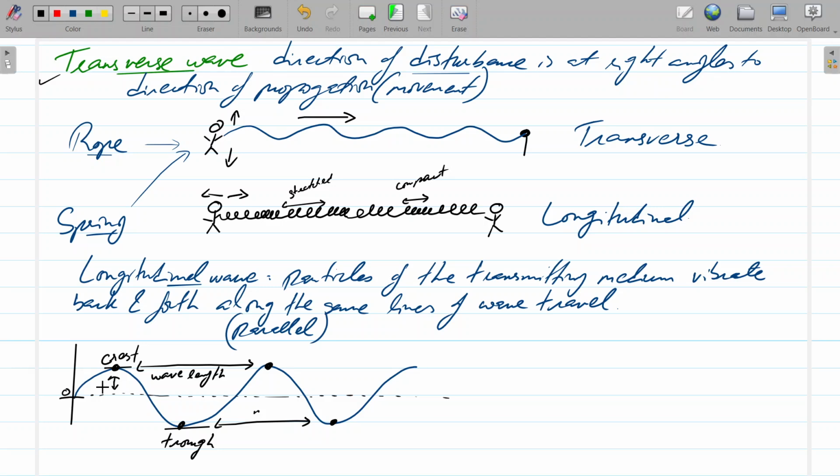And so the maximum displacement is called the amplitude. Amplitude, not aptitude. Let me write it out more clearly. Amplitude.